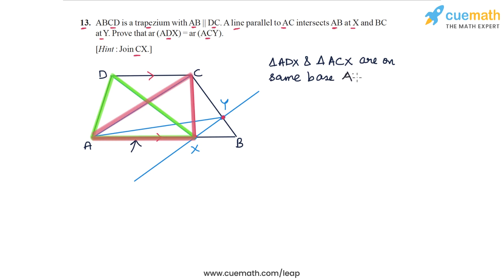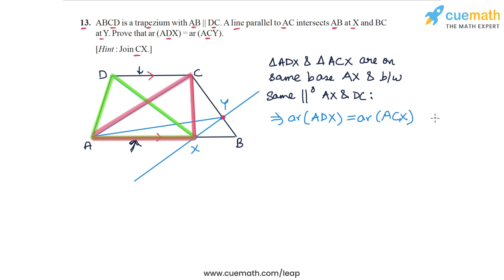So they are on the same base AX, and they are between the same parallels. What are the same parallels? AX and DC. So they are between the parallels AX and DC, and this means that their areas are equal. So area of ADX is the same as the area of ACX.